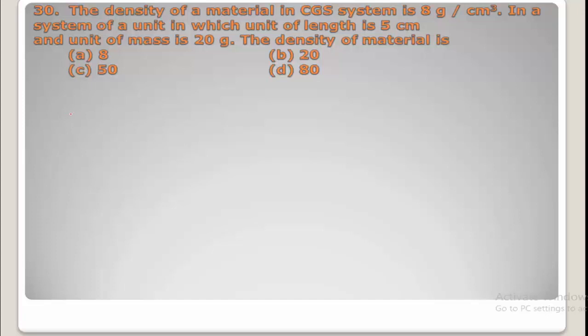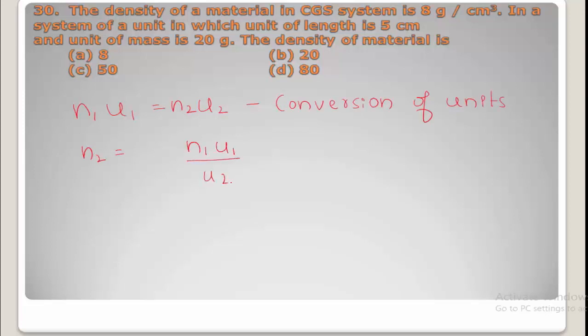The shortcut is n1 u1 is equal to n2 u2 for the conversion of units. Let us take n2 is equal to n1 u1 divided by u2. Here n1 u1 and n2 u2 are the values and units in two different systems.